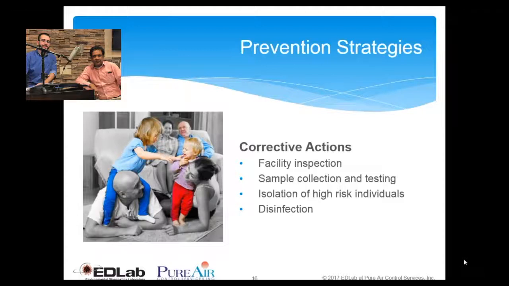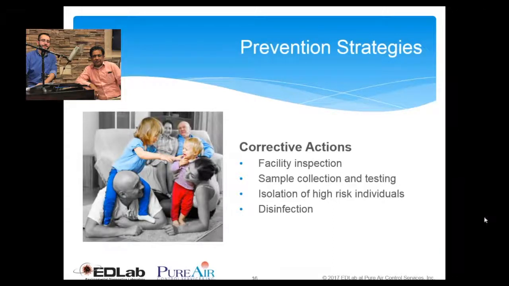Well, continuing to the reactive mode, it is also essential to design corrective action in order to respond to Legionella. So what we should be doing for that is a facility inspection, making sure that if the water system is having any trouble, any leak or any other situation that may be influencing the whole water system, that must be noted and fixed appropriately.